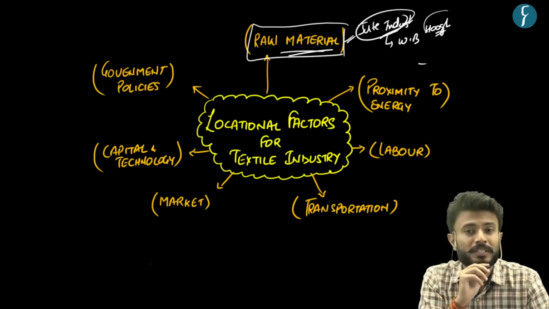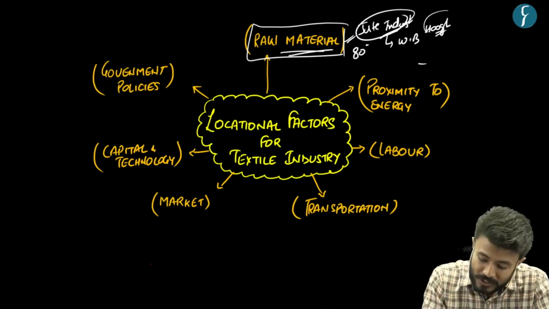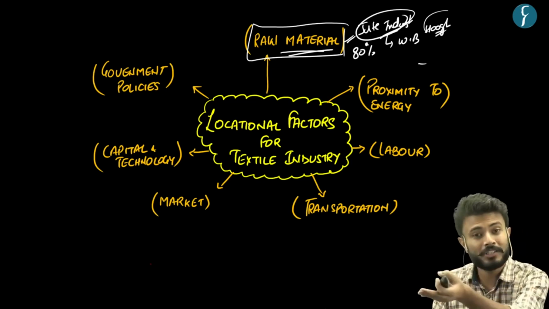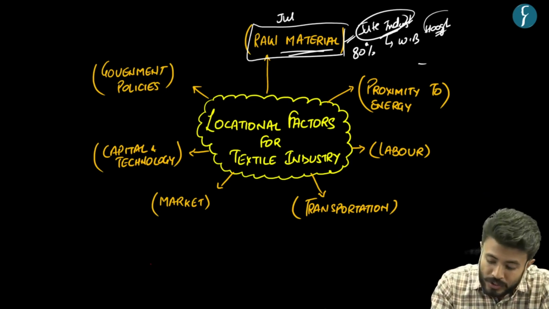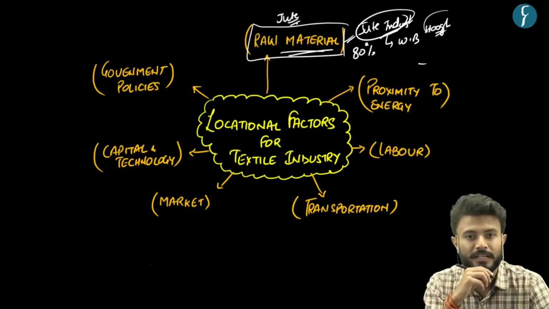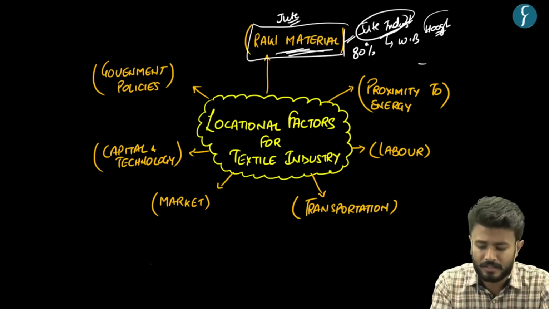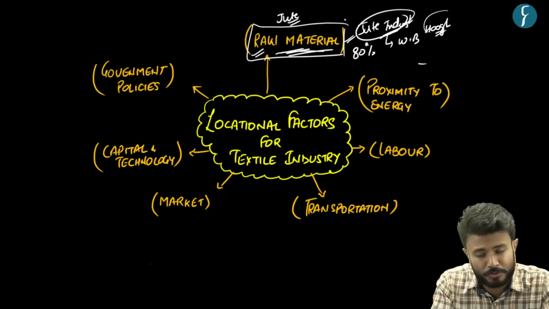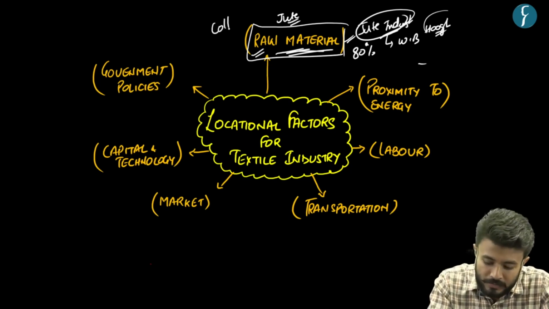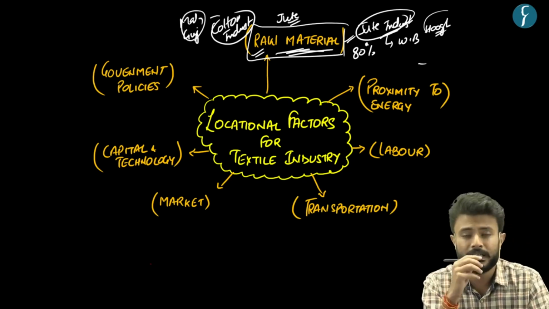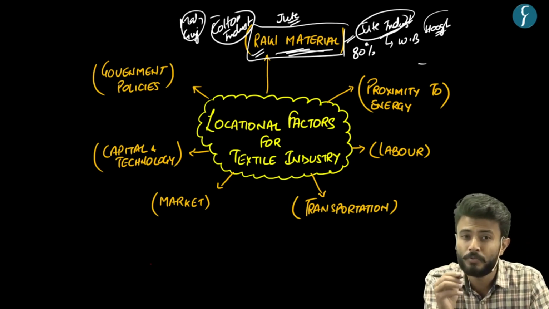Why are more than 80% of the jute industries in India concentrated in that small location? Because that region supports the jute cultivation, right? So yes, other factors are also important, but this shows how significant raw material is. Similarly, if you talk about cotton industries, the states like Maharashtra and Gujarat have important cotton textile centers like Surat, Ahmedabad, Mumbai, Nagpur.